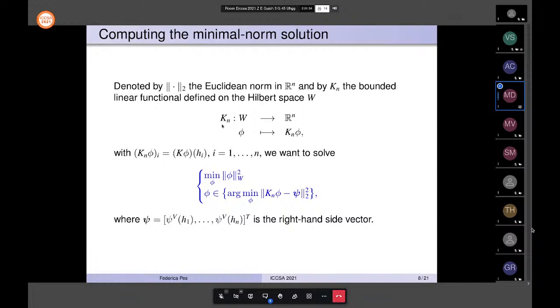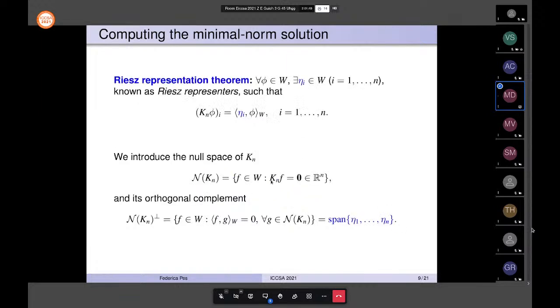We denote by K_n the bounded linear functionals defined on the space W, and we want to solve this minimal norm least squares problem. According to the Riesz representation theorem, for any functional there exist functions known as Riesz representers, eta_i, for which this relation is verified.